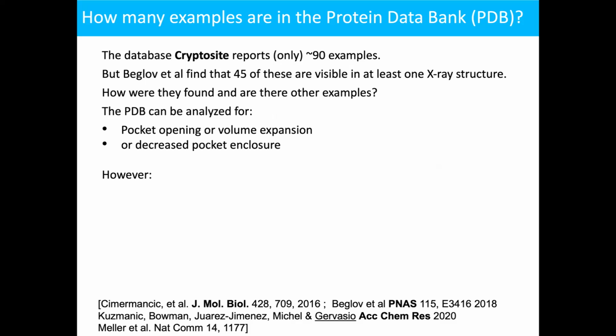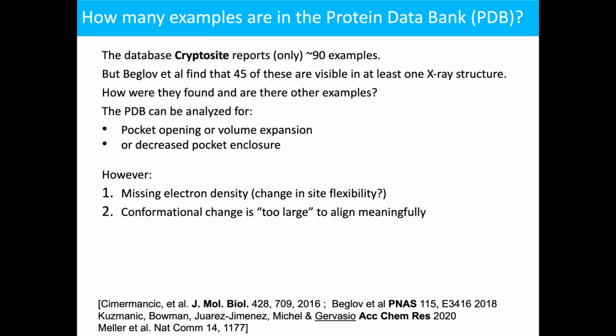You can analyze the pocket opening, volume expansion, decreased pocket enclosure, or whether there is a clash with the ligand. However, there are a number of problems because for many structures in the protein data bank we are missing electron density, especially in the flexible sites. And typically, these flexible sites are those we are interested in for the cryptic sites.